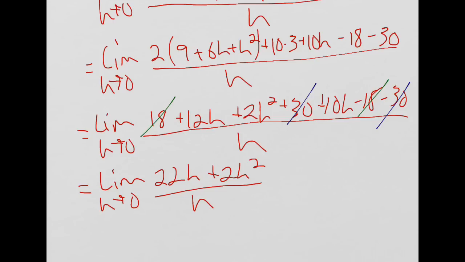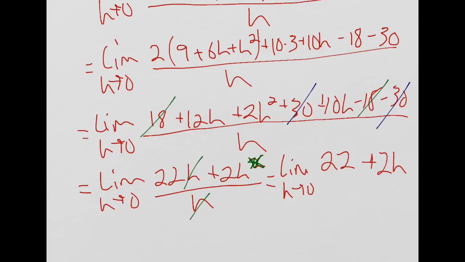So you should see that I have some h's that cancel. This guy is going to cancel with this and one of these. So that's now going to just be a power of 1. So my almost last line is the limit as h approaches 0 of 22 plus 2h.